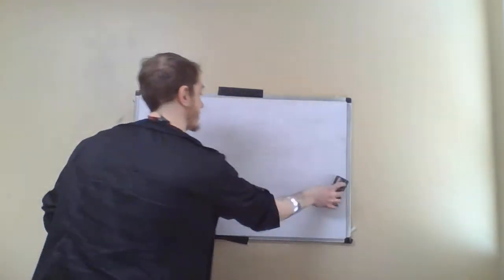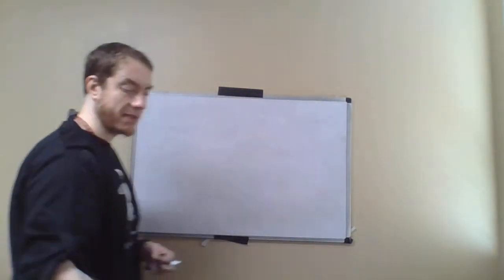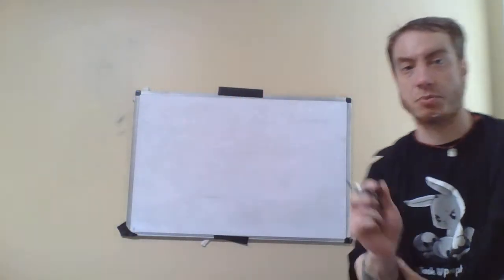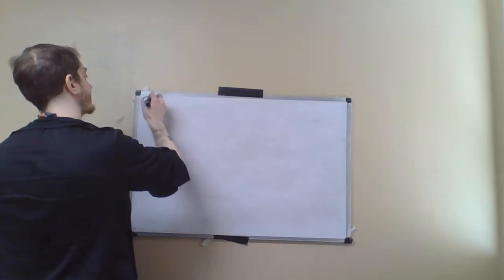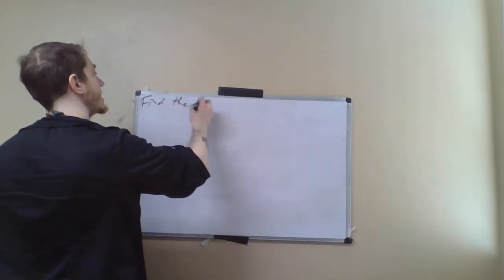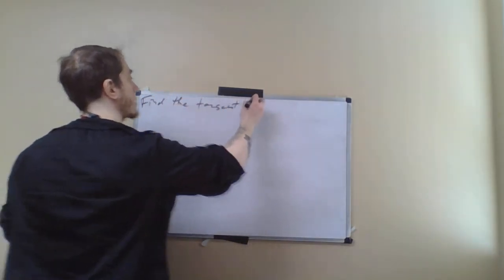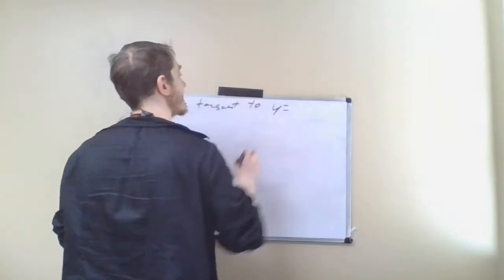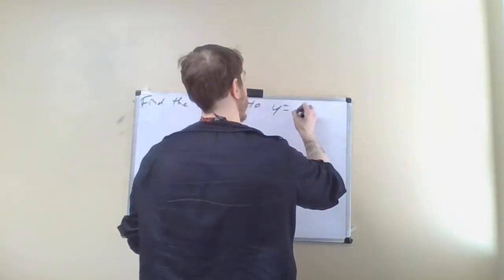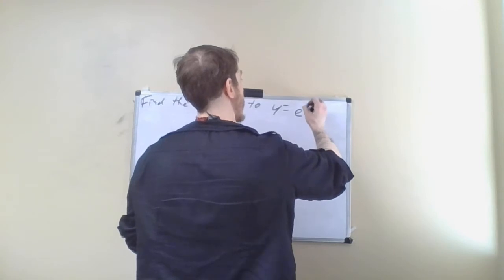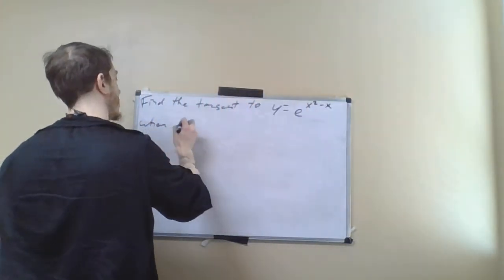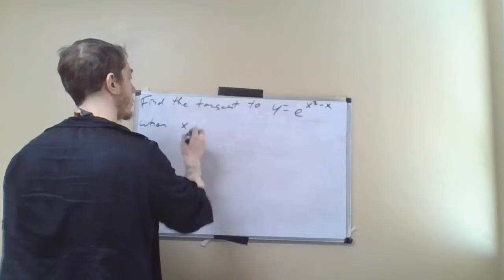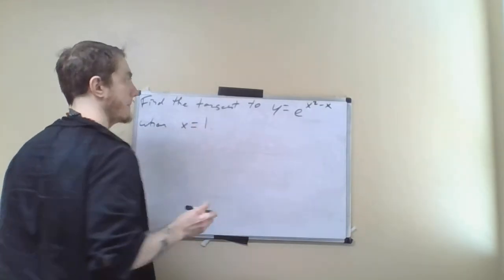So let's look at some other examples here of types of problems that we can ask at this point. Let's say that we want to find the tangent to y is equal to e to the x squared minus x when x is equal to 1.